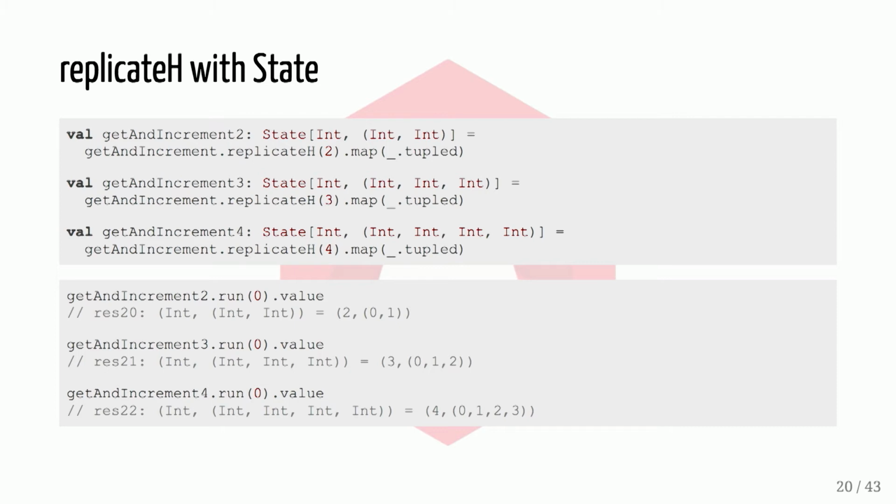Along the way, it shows you the values that I saw while doing this. The first time it returned 0, the second time it returned 1, and it just collects these into our tuple 2, tuple 3, and tuple 4. And as you would expect, if I replicate the effect 4 times, my final state ends up being 4.